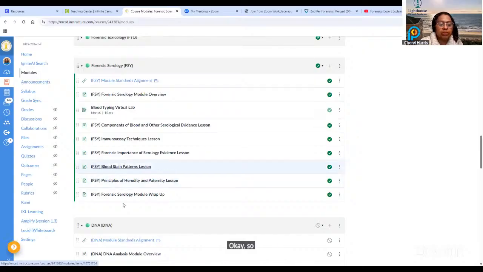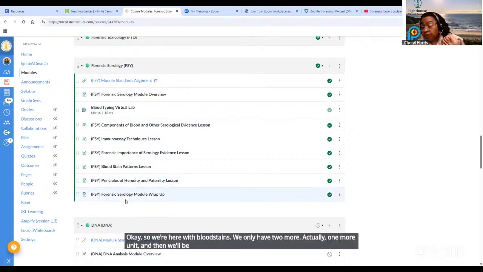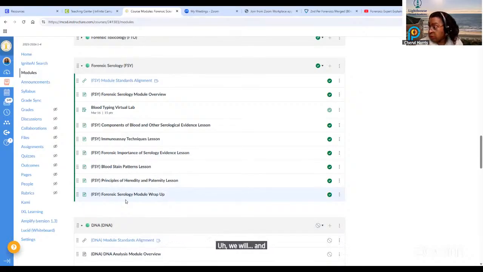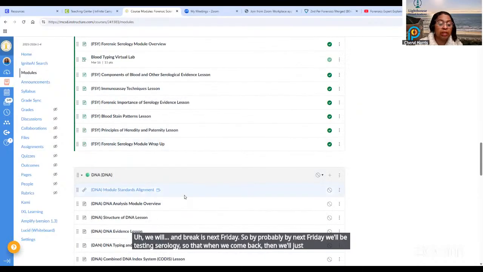Okay, so we're here with bloodstains. We only have 2 more, actually 1 more unit, and then we'll be finished. Before we go on break, and break is next Friday, we'll be testing serology, so that when we come back, we'll just do DNA analysis.